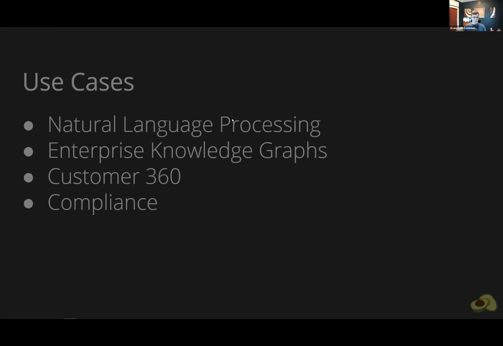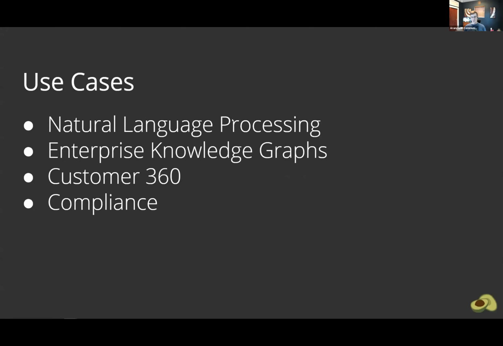Take a look at use cases like natural language processing, being able to do question answering that says, how many buildings are this tall over the entire world? And the ability to uniformly query data to find those answers.